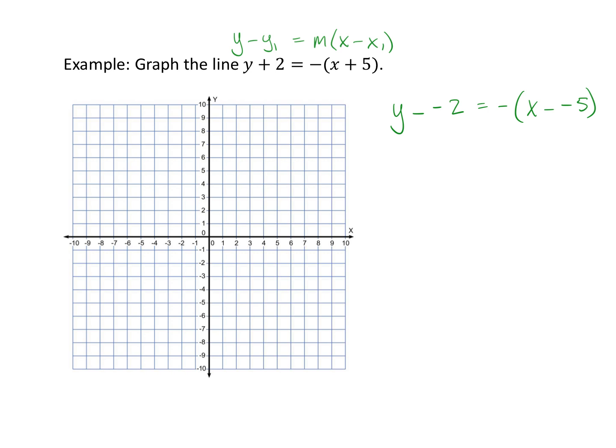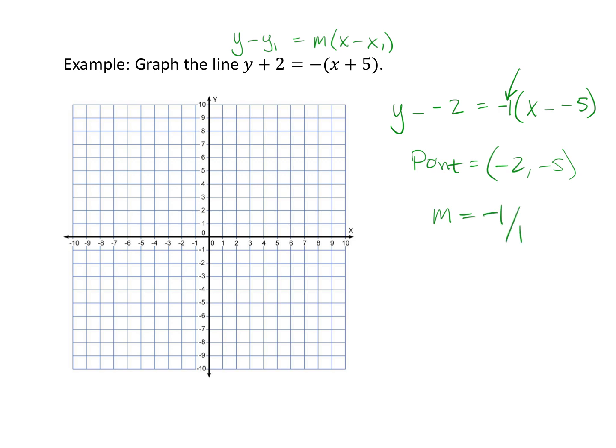That way I have the minus signs that are supposed to be there in the general format, and whatever comes after the minus sign is my y1 and my x1. So my point that I start with is negative 2, negative 5, and my slope comes from that negative sign, which is really a negative 1.